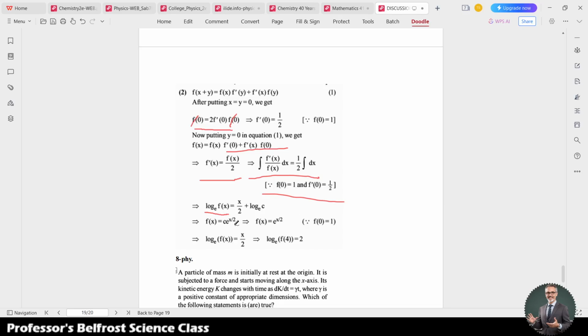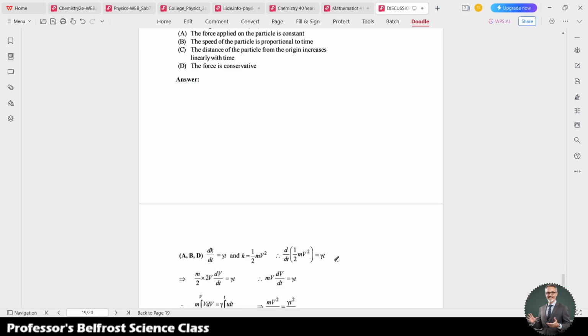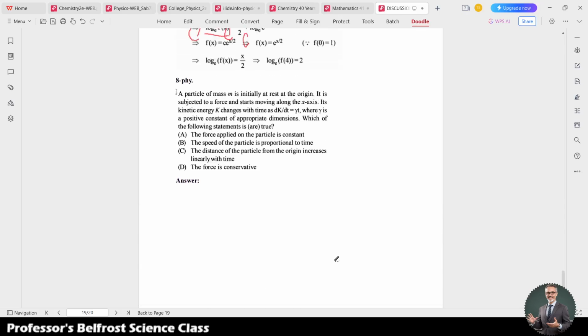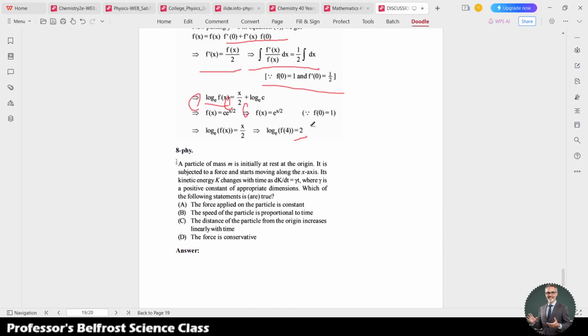You just need to take the reverse process. You take e to the power on both sides, so it is c e to the power of x by 2. So f(x) is e to the power of x by 2. If we insert 4, you get the result that you want. It is 2.